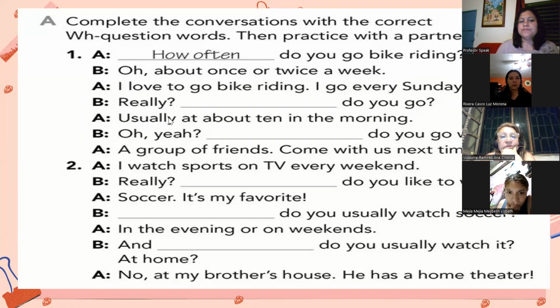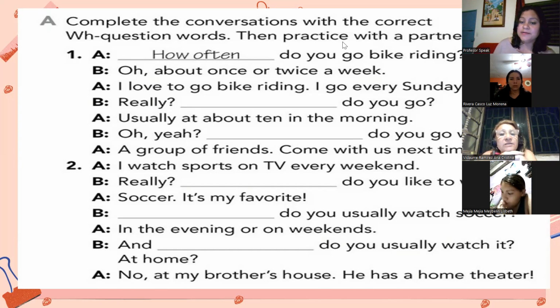Okay. What do you think will be the answer here? Do you go usually at about 10 in the morning? La respuesta es 10 in the morning. So, what do you think will be the question?